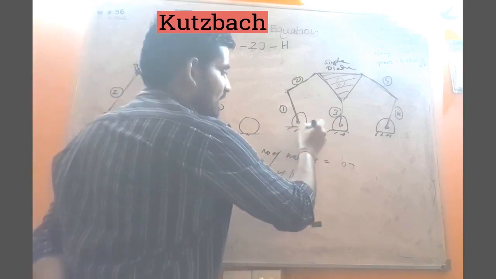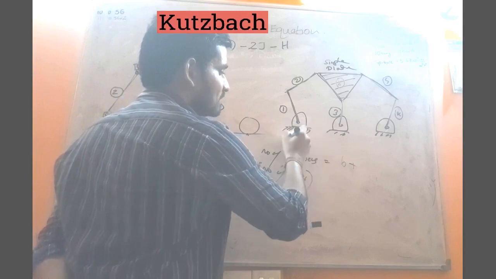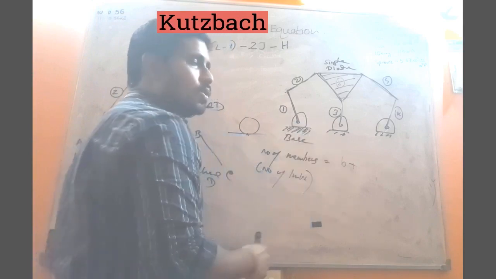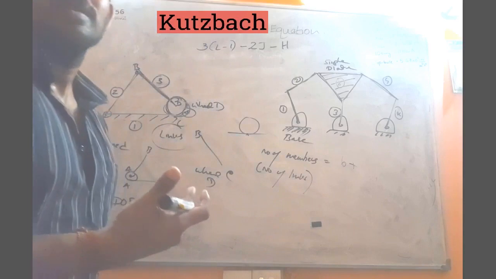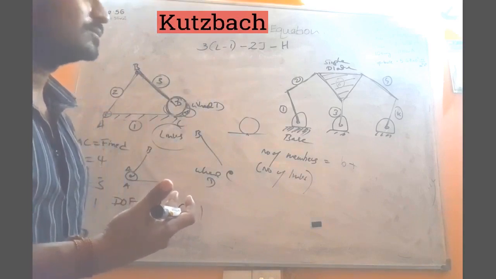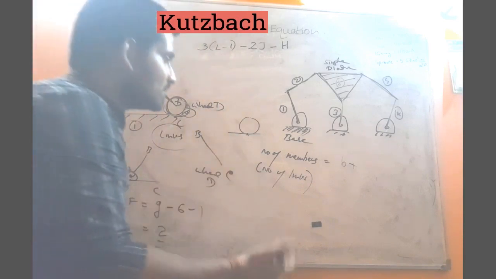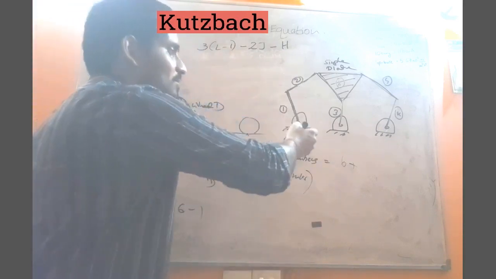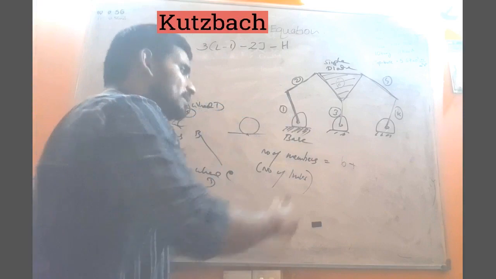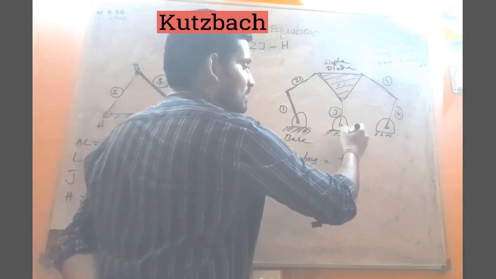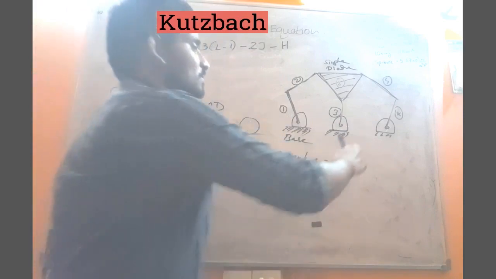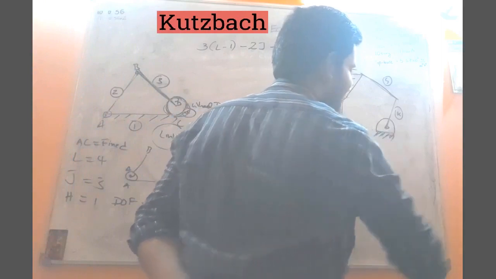Because of that, here we have some sort of a base or a foundation. Otherwise, how can we connect this link to this joint? So here also we have a base, and here also we have a base.